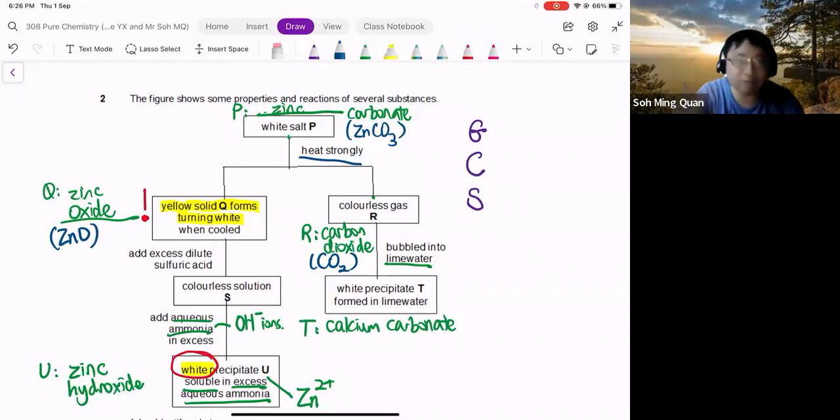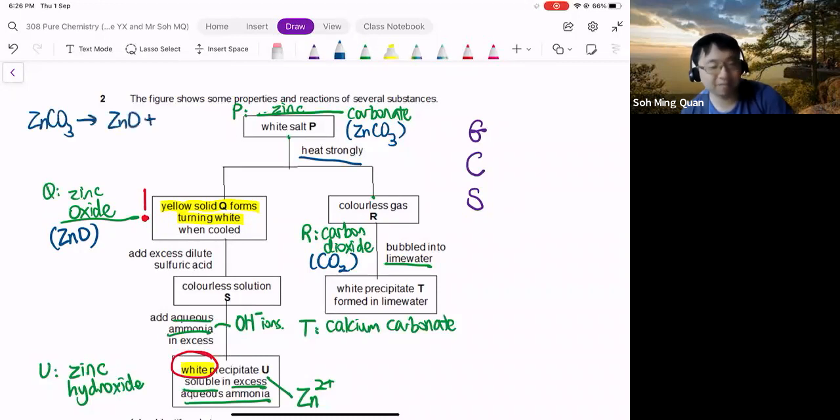So what are you left with? Zn and O. ZnO, zinc oxide. All right, not convinced? Try writing the equation out. In the exam, of course, no time to write the equation. And it works, right? This equation works, it's balanced.